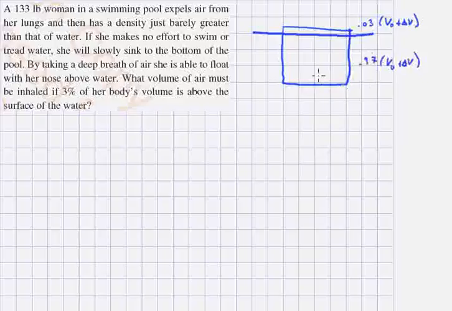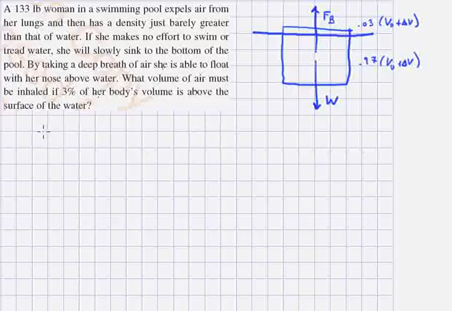And in terms of a free body diagram here, we have her weight, 133 pounds. I'm going to convert everything to newtons here so we stay in System International. And then a buoyant force here, which is equal and opposite to the weight.